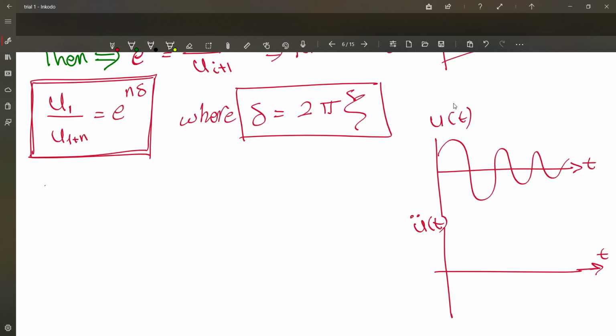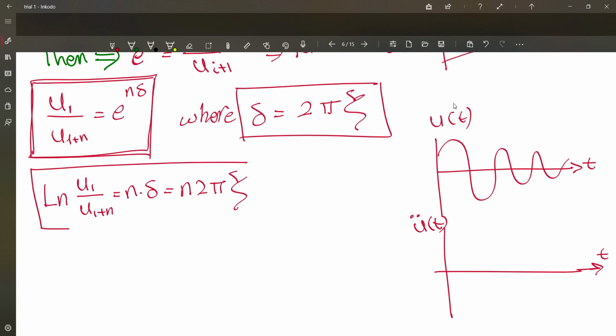We can put it like this: ln u1 over u1 plus n equals n times sigma, which equals n 2 pi psi. This is for displacement.